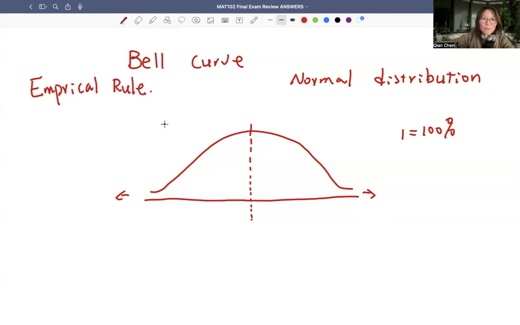says this: the middle one is the mean. So let me write the word mean. The middle one is the center. We use the mean to measure the center. Then we make what we call one standard deviation. Let's use a simple value to see this: the mean happens to be 0.